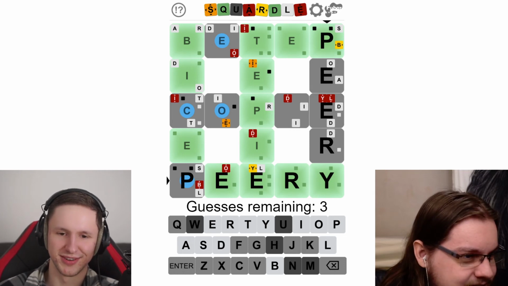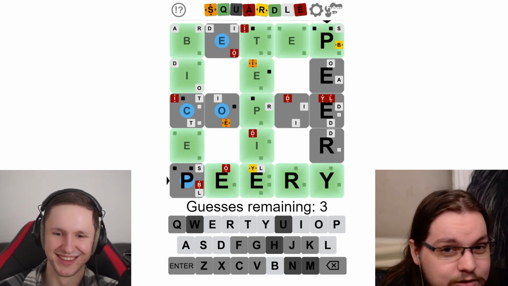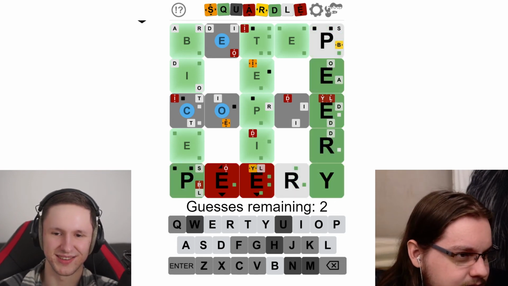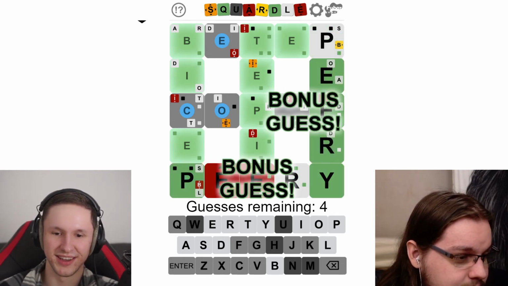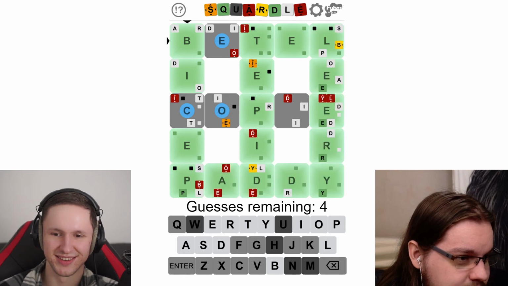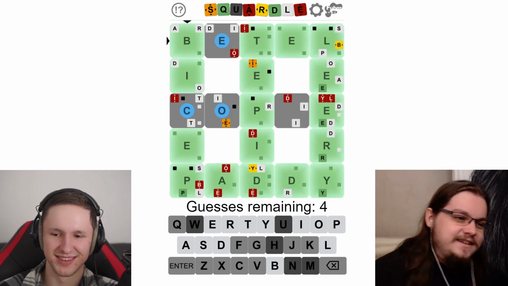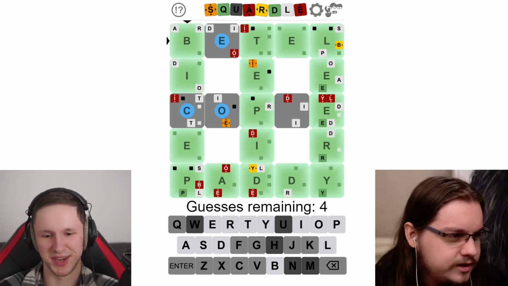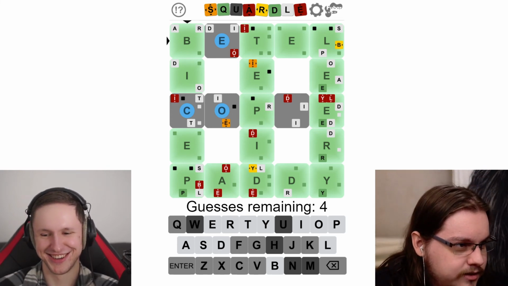Also sounds like a word, to be honest. Because this could be our double solve then. Yeah. Let's go for it. It is. Well, it was Leary and it was Patty. So... Back to 4 guesses.